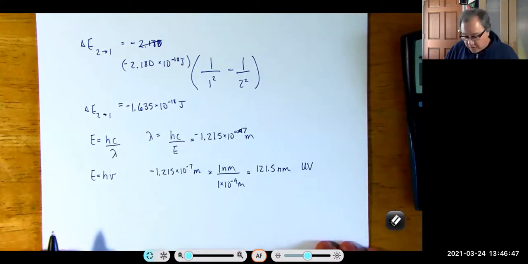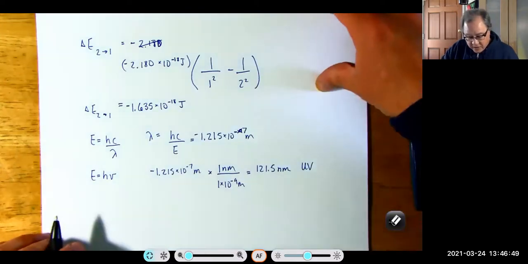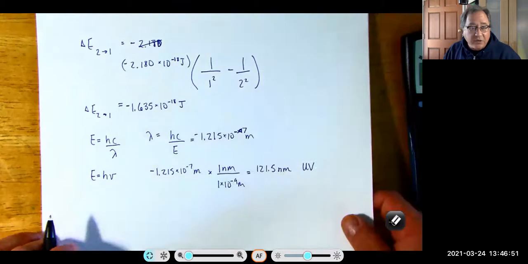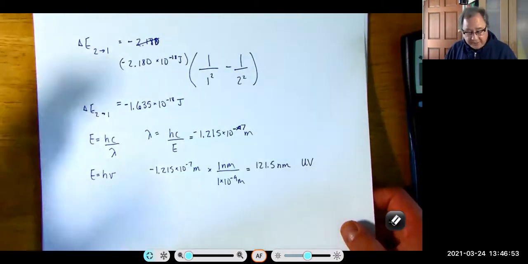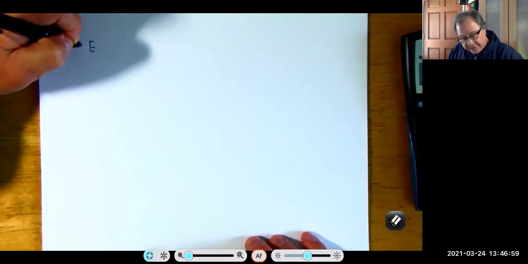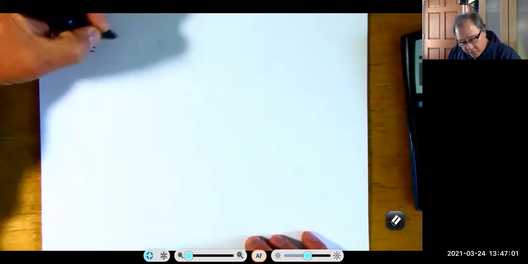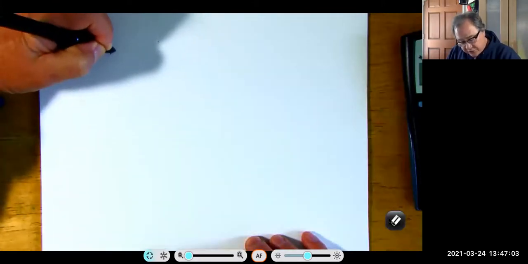Right. Okay, so let's see how when you end up in the second orbit, it does end up being visible light, okay? So let's do this change in energy from 3 to 2.